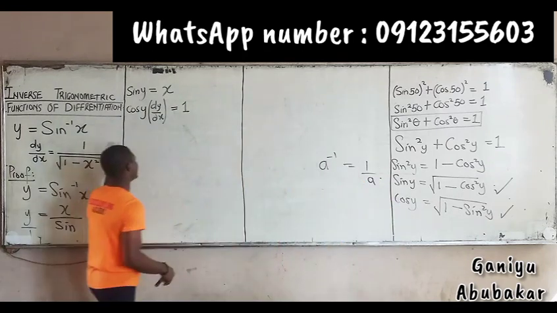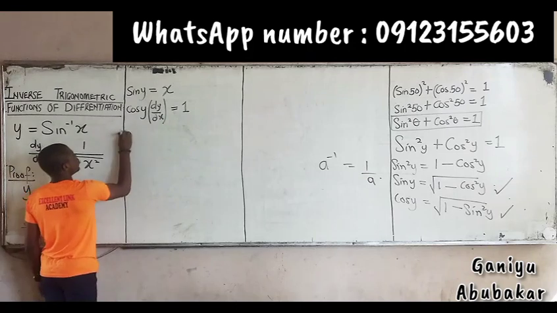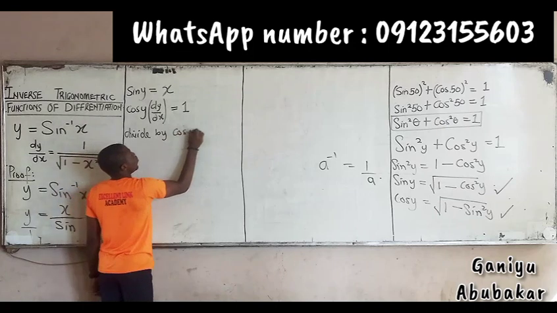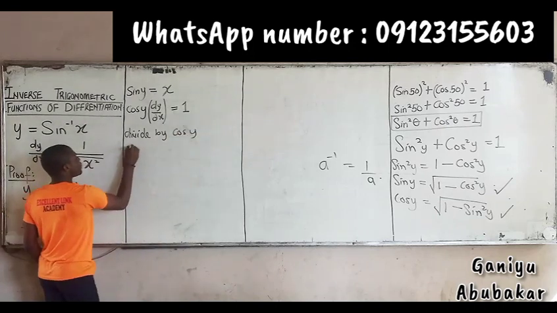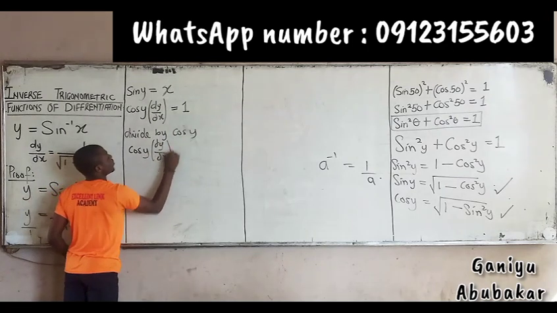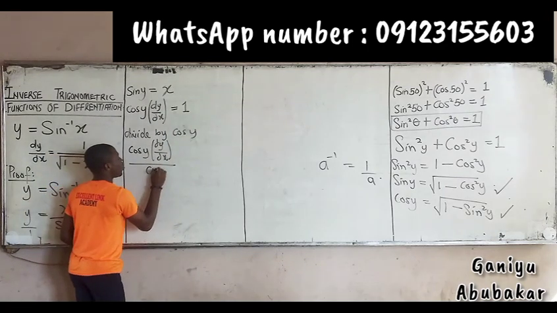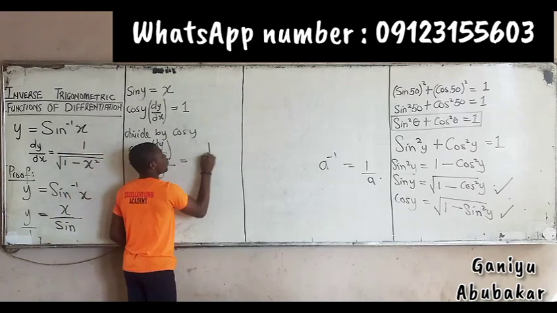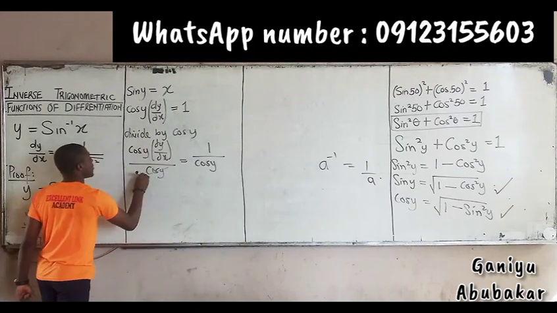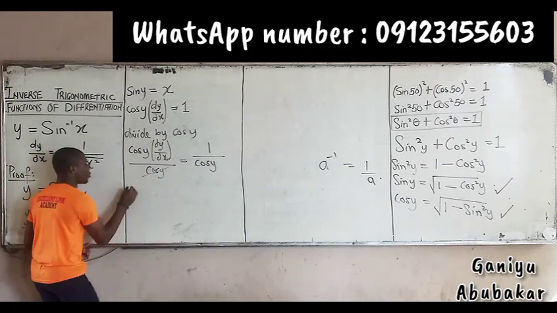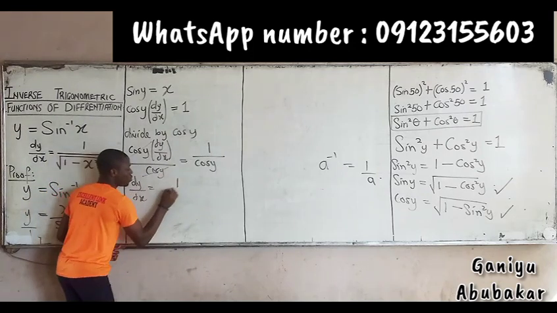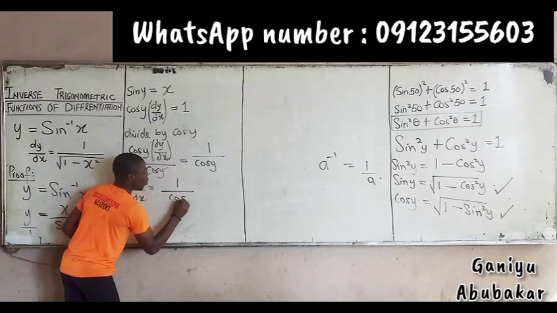At this point, divide through by cos Y. Of course, I'll have cos Y times dy over dx over cos Y equal to 1 over cos Y. At this point, this cancels this. I'm left with dy over dx equal to 1 over cos Y.